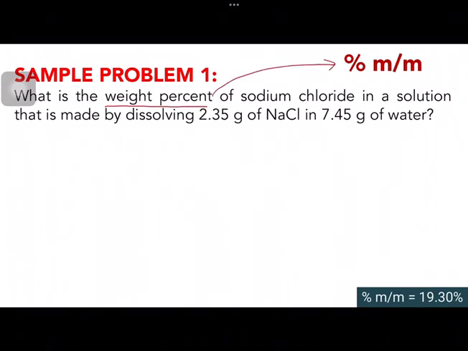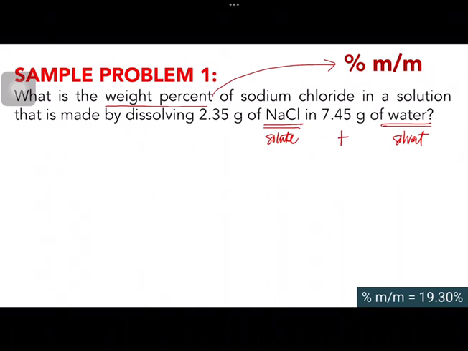So ang hahanapin natin is percent M over M. Okay? Ano ang solute natin? Ang solute natin dito ay sodium chloride. And our solvent here is water. So, ang tanong dito, gagamitin ba natin yung A or yung B? So, ang gagamitin natin dito is yung B form ng mga equations natin. Kasi, i-add muna natin yung dalawang components which is your solute and your solvent.